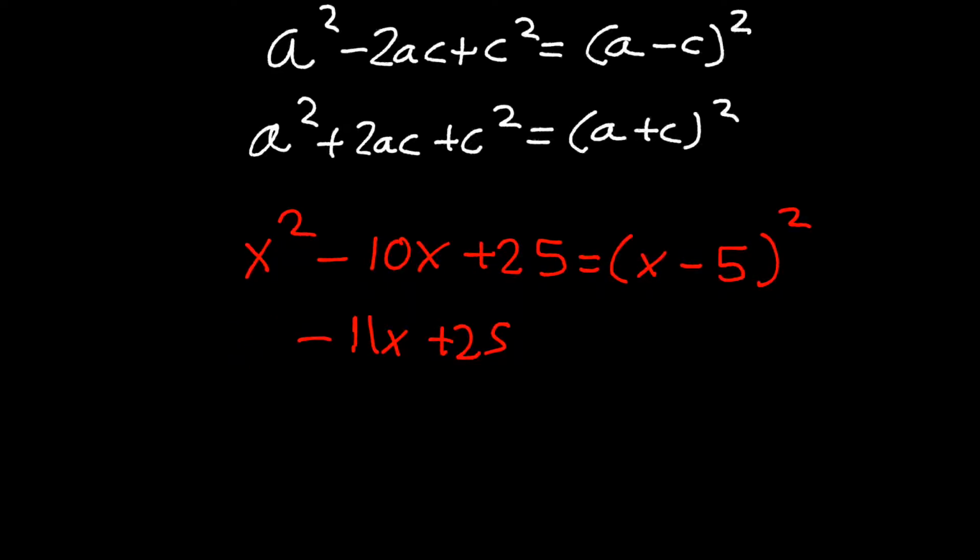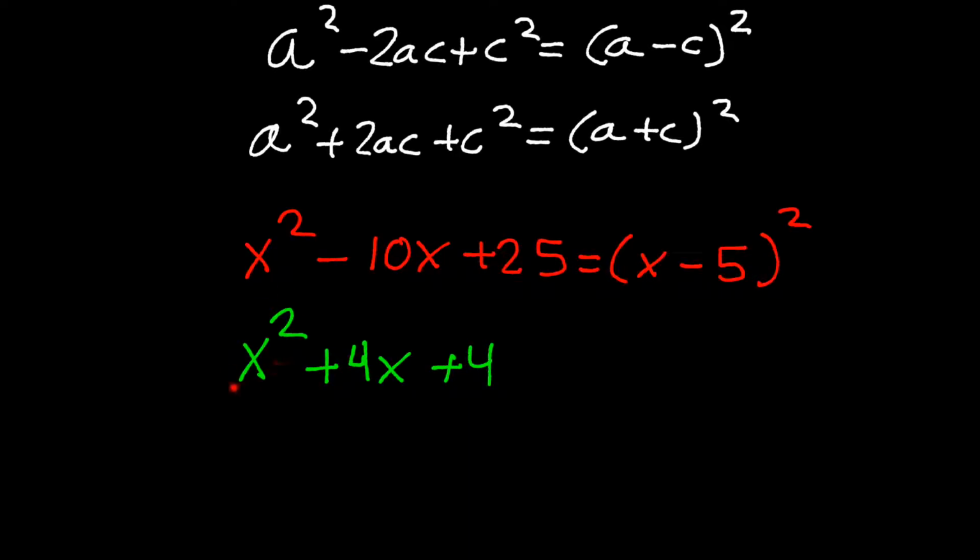So we have to check that the front and back are perfect squares, and that the middle is 2 times the front square root times the back square root. Let's look at a different one. Let's say I have x squared plus 4x plus 4. This time I'm using the bottom equation because I have both additions.